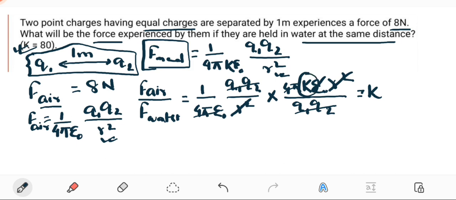Force in air is already given, that is 8 Newton, divided by force in water is equal to k. The value of k for water is 80.